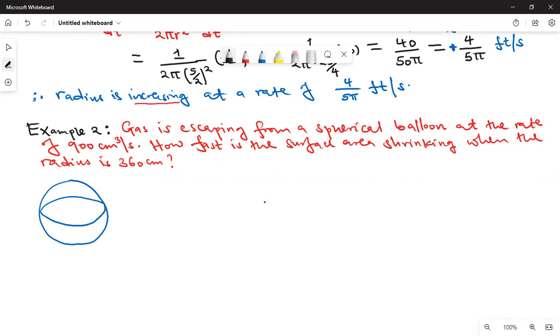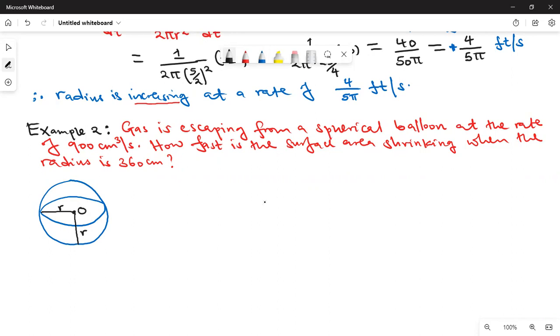So that's our sphere. Remember, a sphere has radius. So that is the radius. Another radius is on this other side, and this is the center of the sphere. We can call it O.